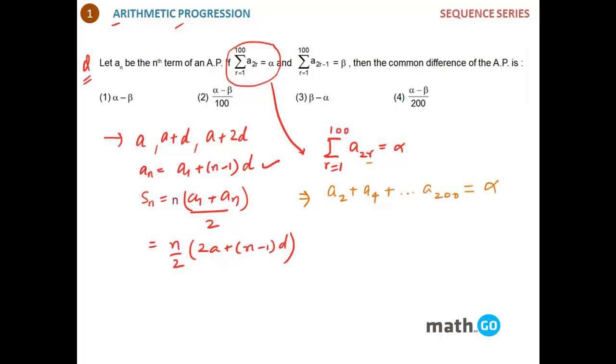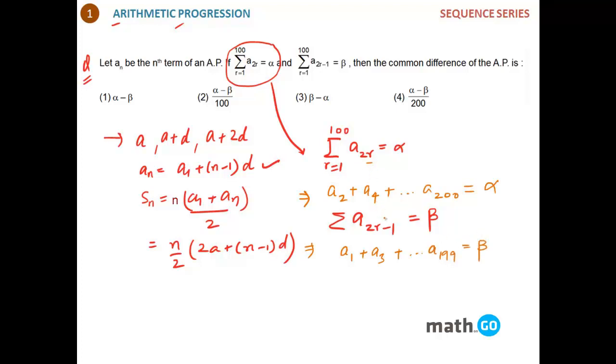The other thing which is given here is that summation a(2r minus 1) is given to be beta. So if we now do the same thing with this, this becomes a1 plus a3 up till, put just 100 over here, you will get a199, is equal to beta, right?